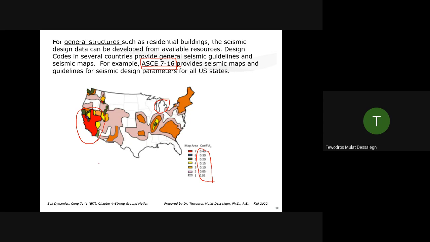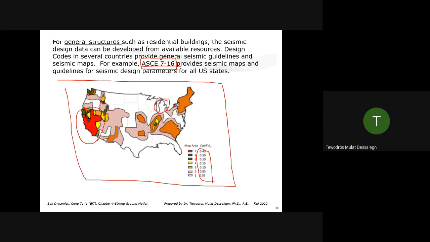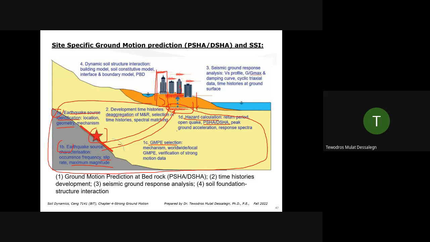In some cases, for example for critical structures such as a nuclear power plant or a critical dam, you're not allowed to use this. You have to develop your own site-specific study. It's very time-consuming, and this is what we discussed previously. For site-specific, you're not allowed to use the code books.